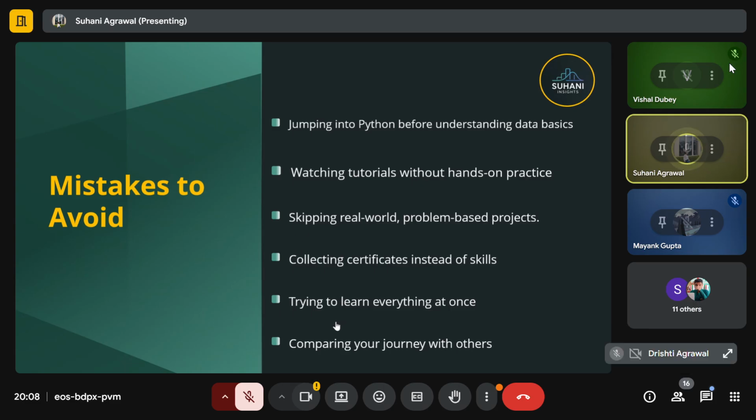Okay, now let's continue the slide. If we talk about mistakes now, the first mistake we all as beginners make is jumping to Python at the start of data analysis. As a teacher, even I, when I started my career in data analysis, the first tool I learned was Python. And at that moment I was thinking, what will I do?